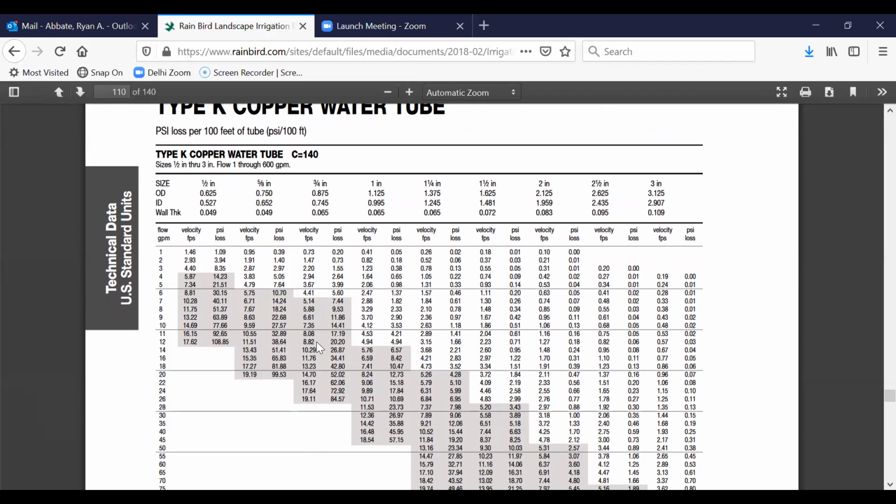It's saying we can do it, but it's going to be a little more taxing on the system. So if we're designing for the most longevity, we would want to stay within 5 feet per second. Let's use 3/4 inch type K copper as an example. You can only safely put 6 gallons per minute through that without exceeding 5 feet per second.